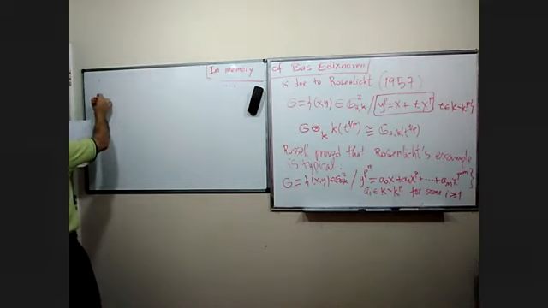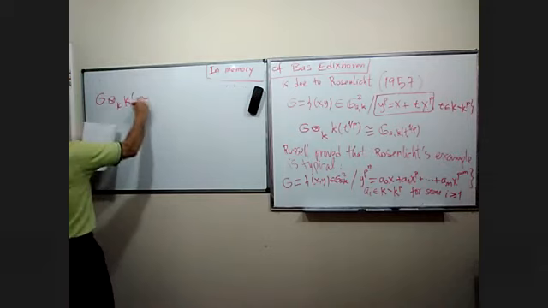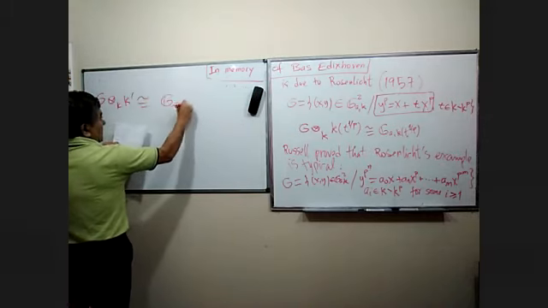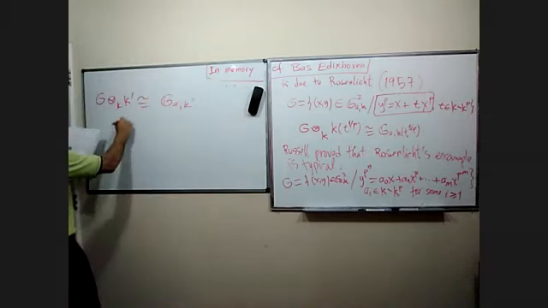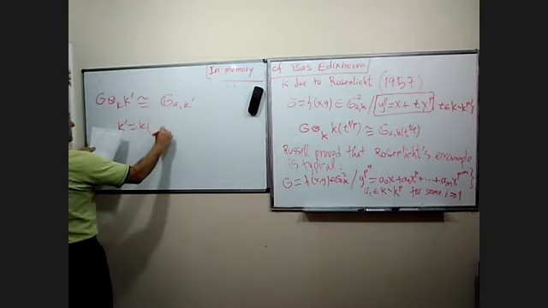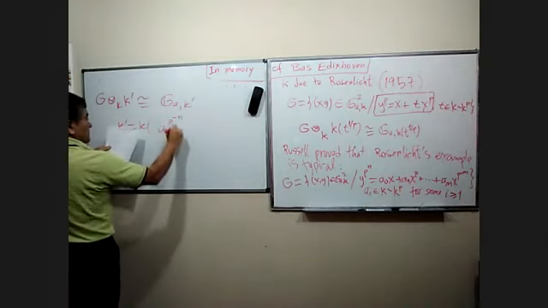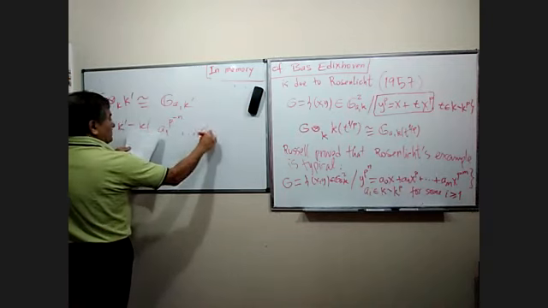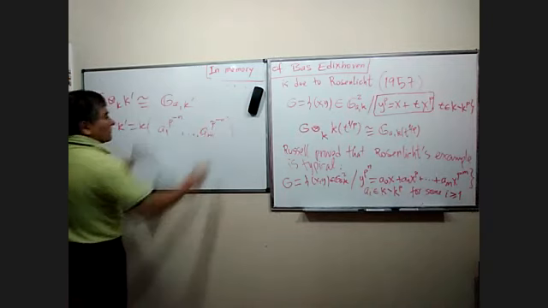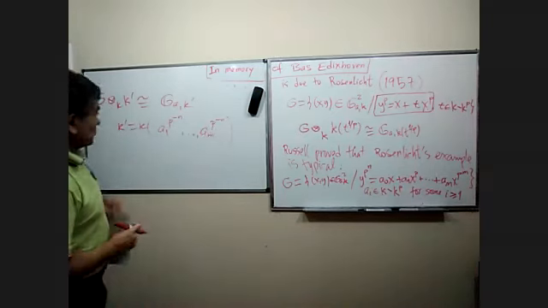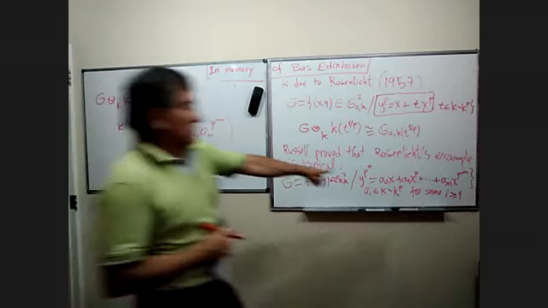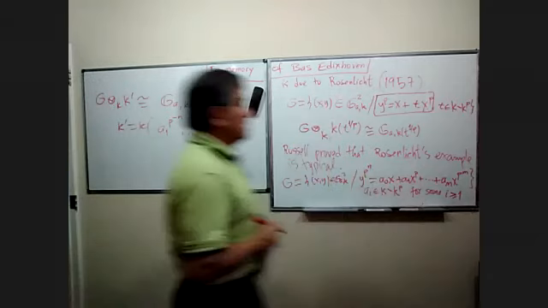So this becomes the additive group, but this extension now is: take the p to the nth roots of each of the coefficients from A1 to AM.